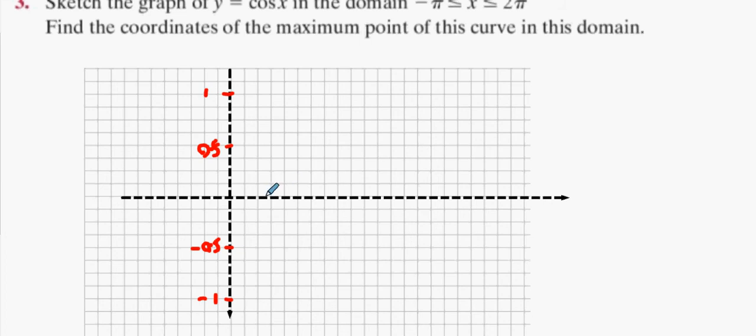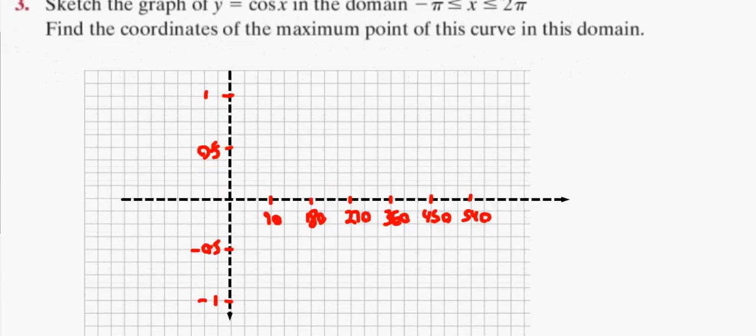So essentially that's 90, 180, 270, 360. Is that right? What's that, 450? Wait a second. No, sorry, I only had to go up to 360. Sorry, my fault. Don't know where I was getting that into my head.